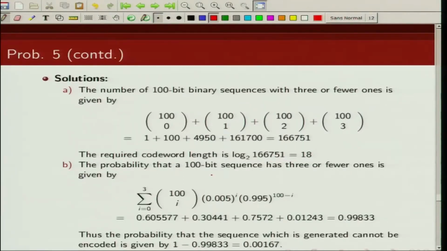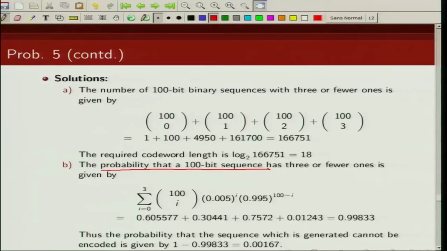Now when are we going to assign a code word to a sequence of 100 bits? Whenever we get a sequence which has either 0 ones, 1 one, 2 ones or 3 ones. So let us compute the probability that the 100-bit sequence has 3 or fewer ones. This is the probability of occurrence of 1, this is the probability of occurrence of 0.